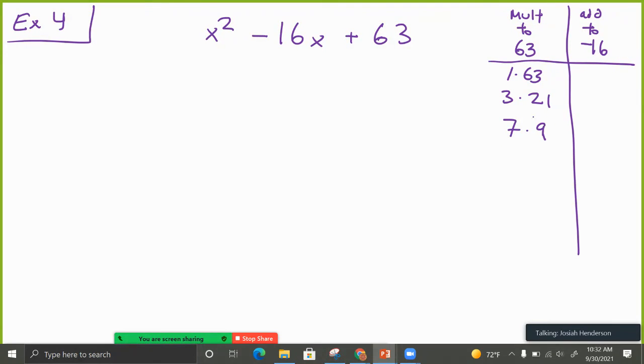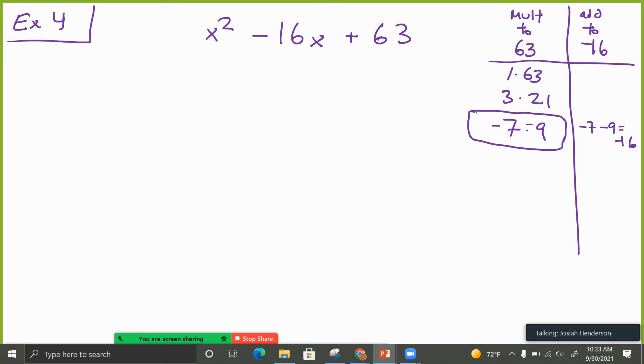Now, earlier I was talking about the negative business, and since 63 is positive and the 16 is negative, that means we know both of our numbers have to be negative. So let's try this out. Negative 7 combined with a negative 9. Sure enough, it does give us negative 16.